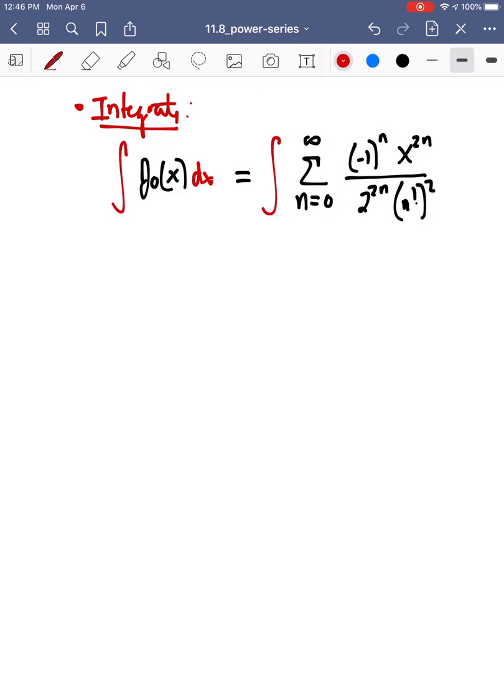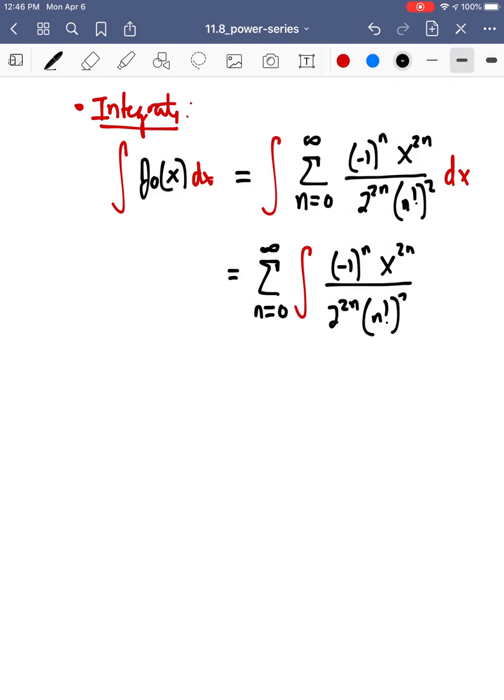And then we can integrate both sides of our equality. So integrating the 0th order Bessel function and its power series representation, we can do the same. Again, there's that subtle issue of swapping the integral sign with the summation, but that's a little bit above our pay grade in calculus. But the Bessel function will satisfy this as well.